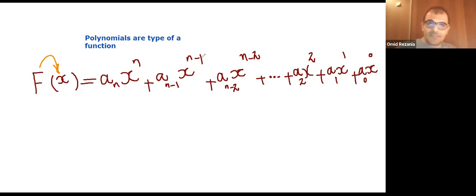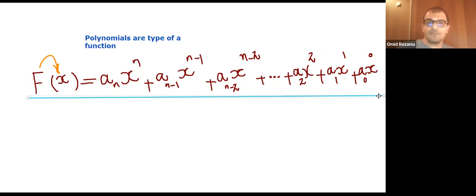The thing which I have framed for you here is essentially what we talk about as a polynomial. This is the general format of what we call a polynomial.